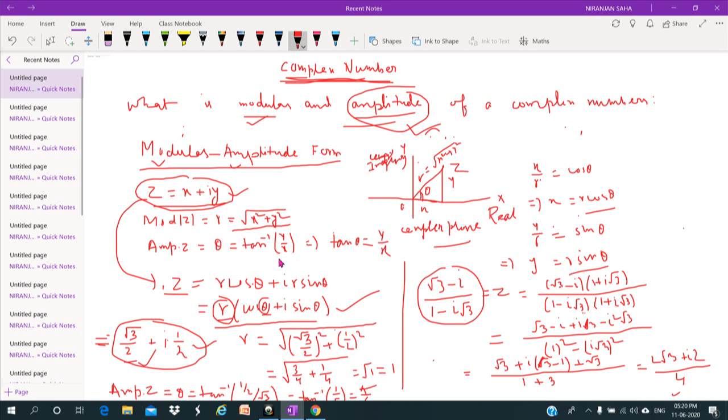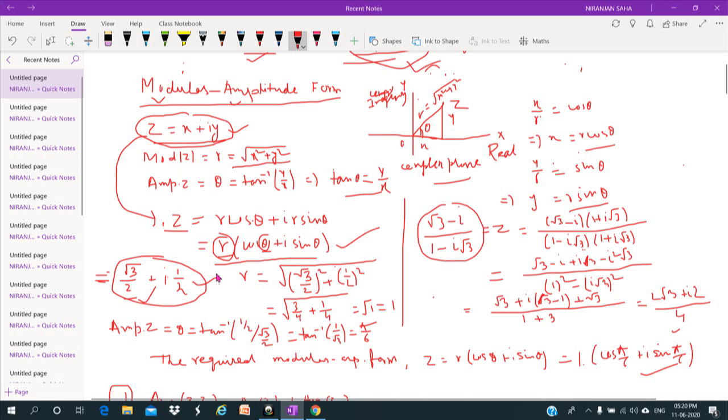So theta is equal to tan inverse y by x. Now, what is the modulus amplitude form? This is z is equal to r cos theta plus iota r sin theta, or r into cos theta plus iota sin theta. This is the modulus amplitude form.